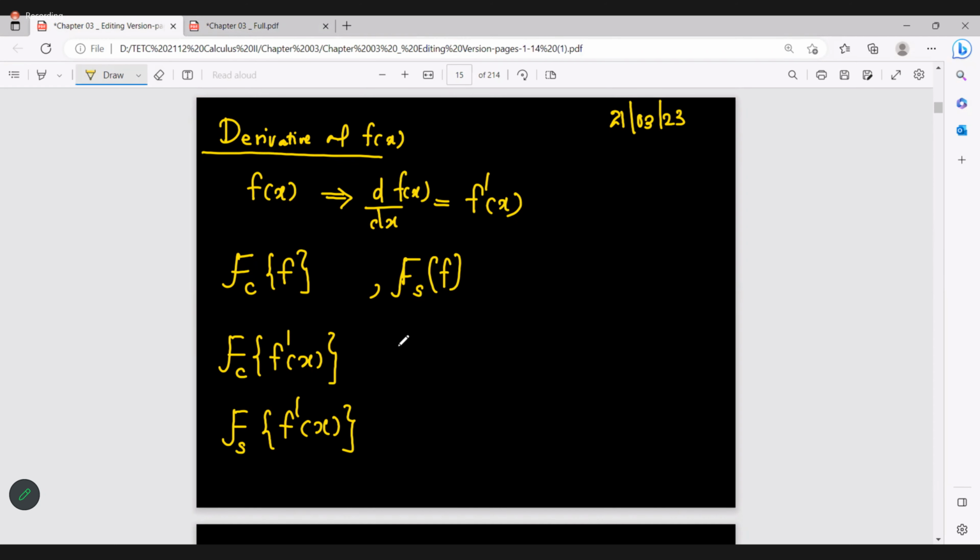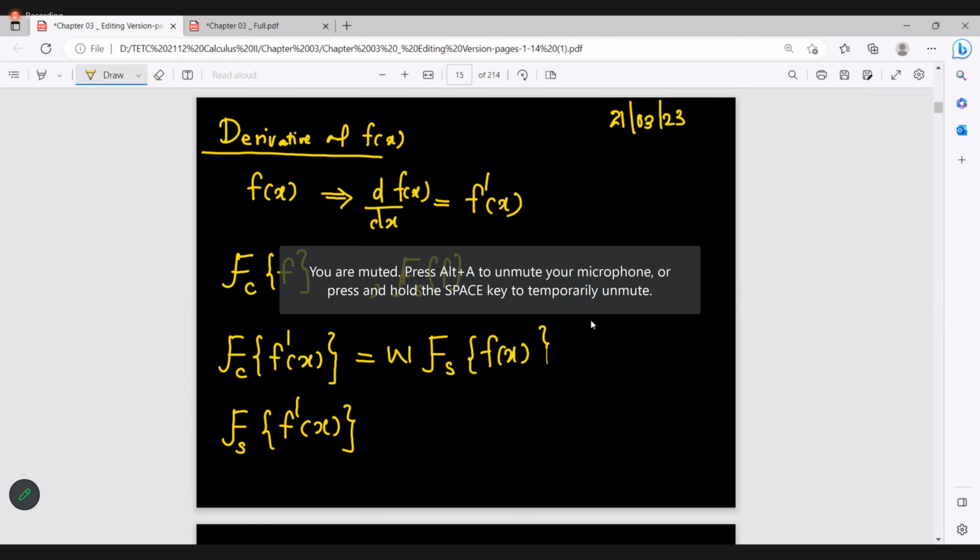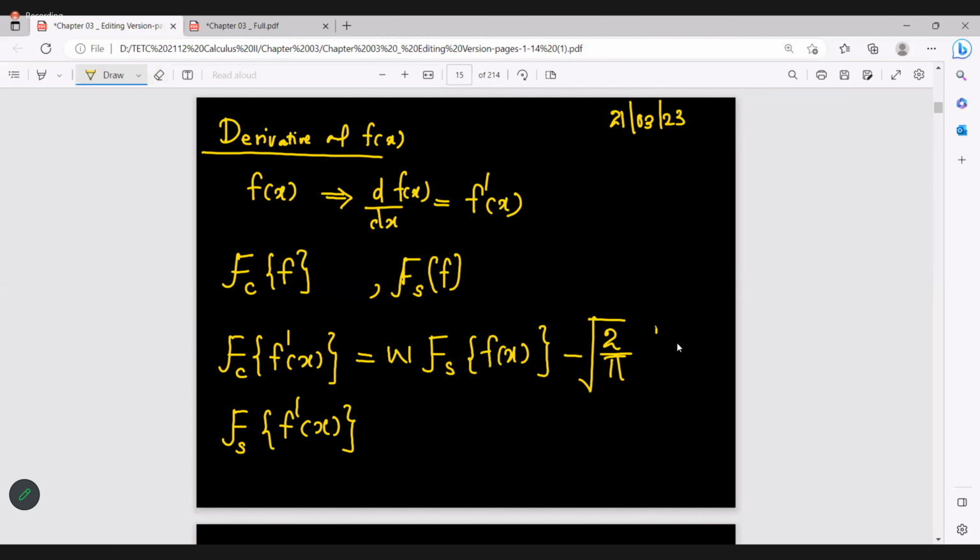The Fourier cosine transform of the derivative is w times the Fourier sine transform of f of x, minus square root of 2 over pi times f of 0. Here f of 0 means the value of f when x is equal to 0.